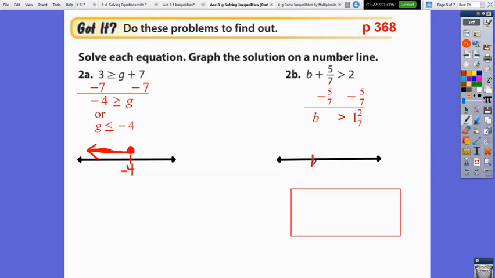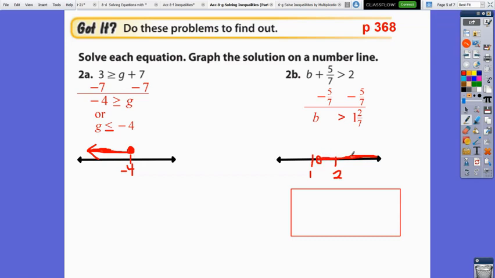So typically what I will do here is a 1 and a 2 on my number line. And open circle here, 1 2/7, about a quarter of the way, right? A little bit more than a quarter of the way. 2/8 would be a quarter. And then draw my squiggly line.